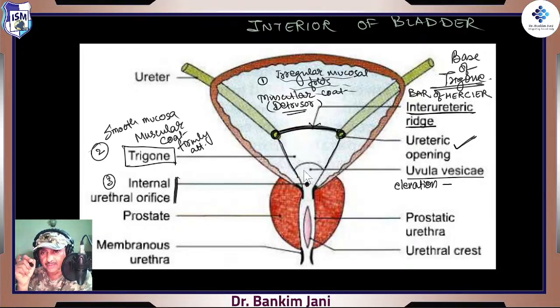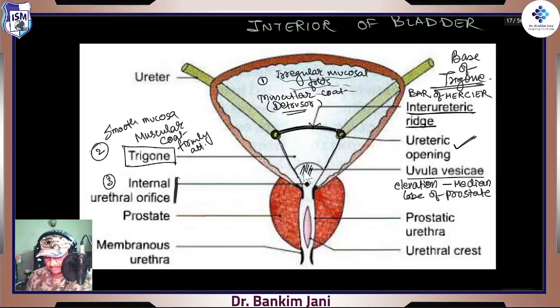Because the prostate has got lobes, and one of the lobes is its median lobe. The median lobe of the prostate causes the elevation, and that's what is called the uvula vesicae. Fair enough, so this much is done.